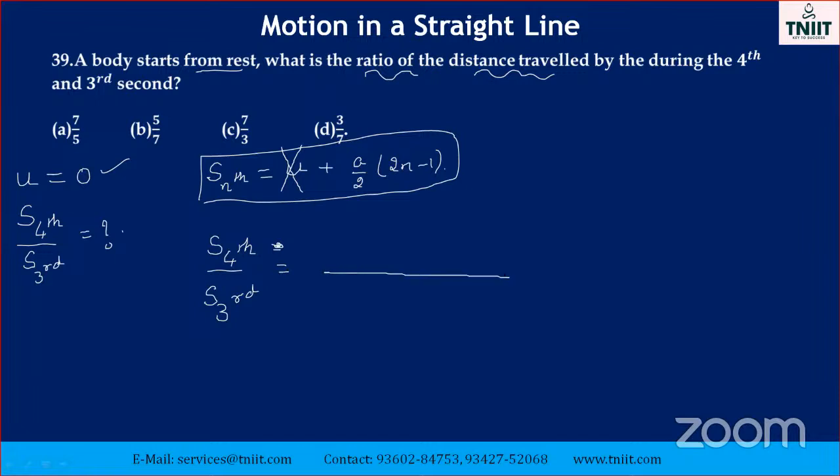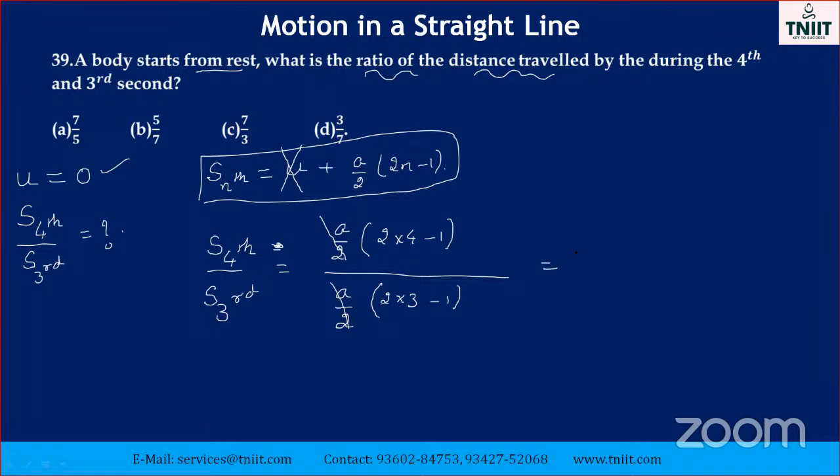So what is the distance traveled in the 4th second? I'll keep a by 2 as it is. 2n minus 1. So 2 into n is 4. 2 into 4 minus 1. Similarly, distance traveled in the 3rd second, a by 2 into 2 into 3 minus 1. So what happens to a by 2 and a by 2? Cancel out.